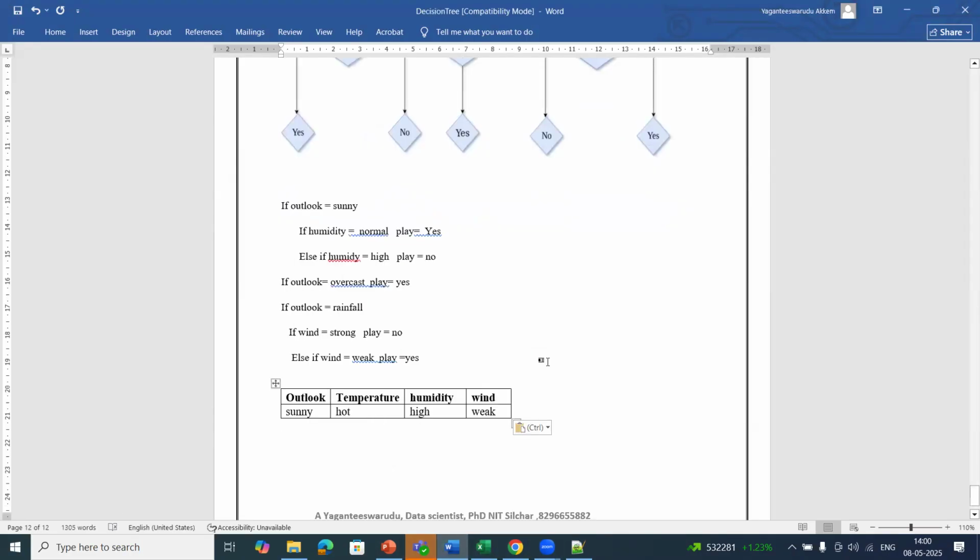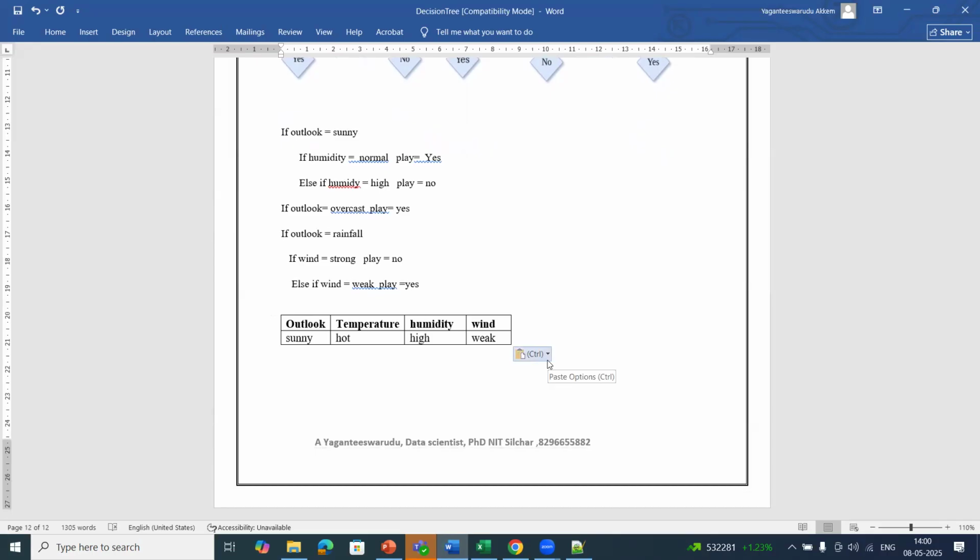So now find the decision whether play will happen or not. See, sunny outlook. Which if statement will it go through? It will go through this if statement. And if sunny outlook, what do I need to check? Humidity.